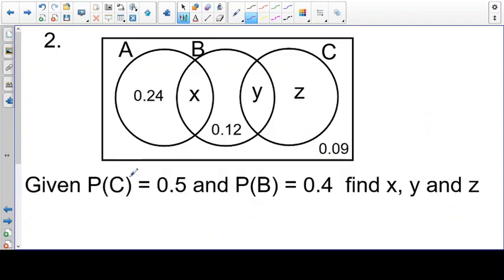Now what I would like you to do is pause the video and have a go at this. You can use the information given to form equations. Now you've got 3 unknowns, so you're going to need 3 equations to be able to solve. So pause the video now and have a go.